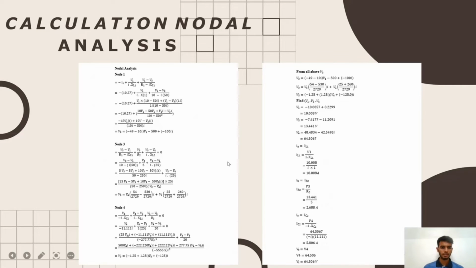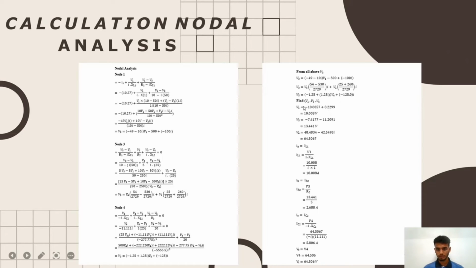For the nodal analysis, we need to find each node value. So we can find the V2 value for each node, node 1, node 3, node 4. So from all above, we can simplify it using matrix formation.